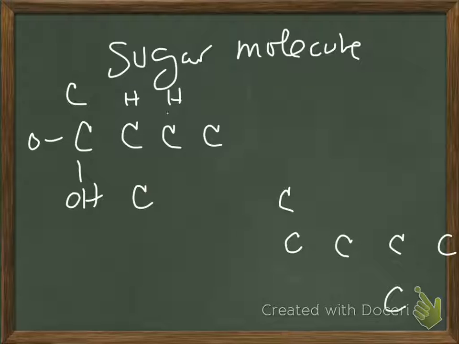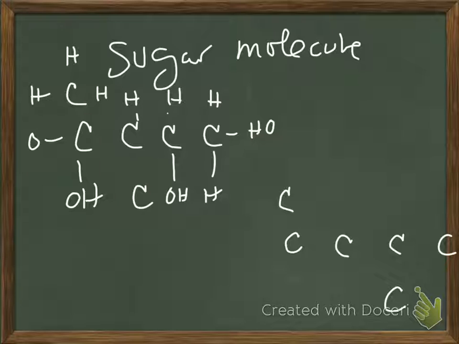You do not have to draw this correctly. You don't even have to draw this. C6H12. We got a bunch of hydrogens, okay? It's a molecule. It's a bunch of individual atoms that are hooked together.